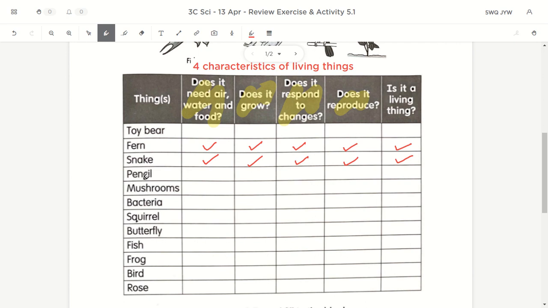So you realize that for all the living things, they have everything across the table. Pencil, same thing. Pencil doesn't need air and water. Pencil doesn't grow. Pencil doesn't respond to change. Pencil doesn't reproduce. So these two are actually your non-living things. I'm going to draw an arrow out. You realize that this and this are non-living things. Let's write it down.